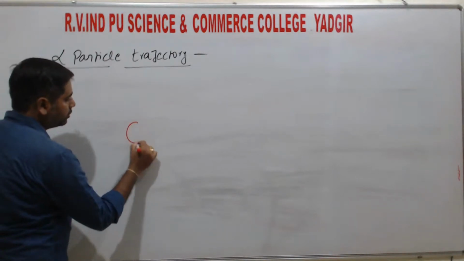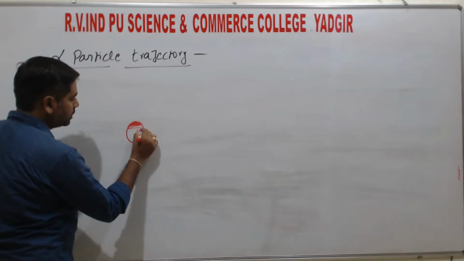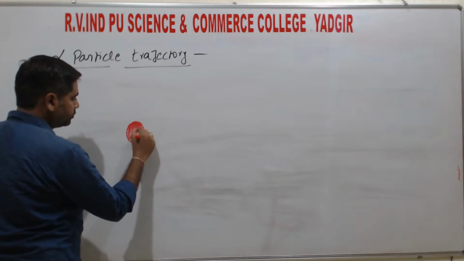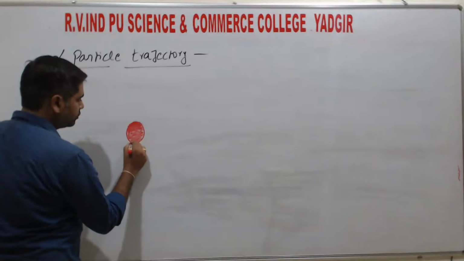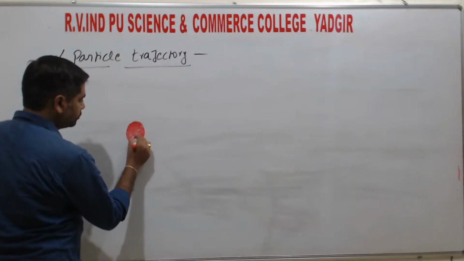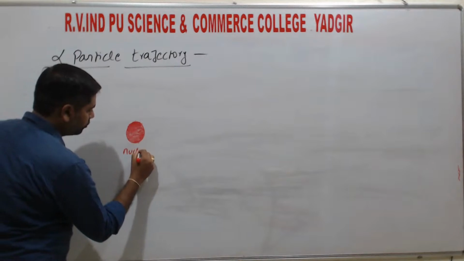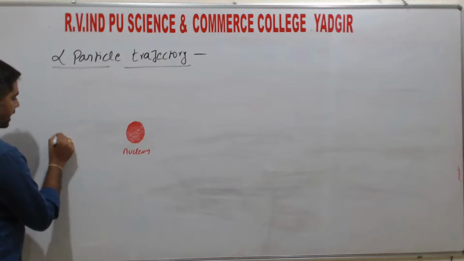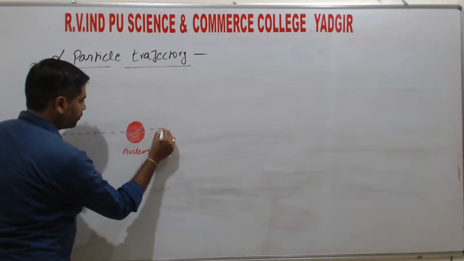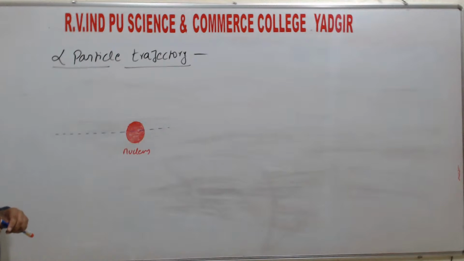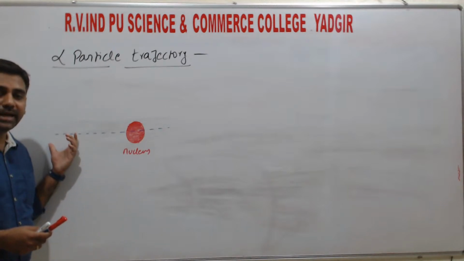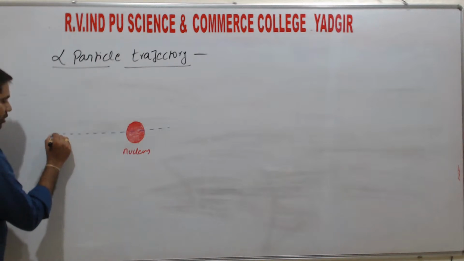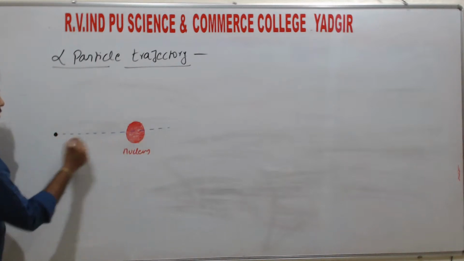So consider this one as the nucleus. This is the axis, right? So if an alpha particle makes a head-on collision, exactly the alpha particle is on the axis of the nucleus.